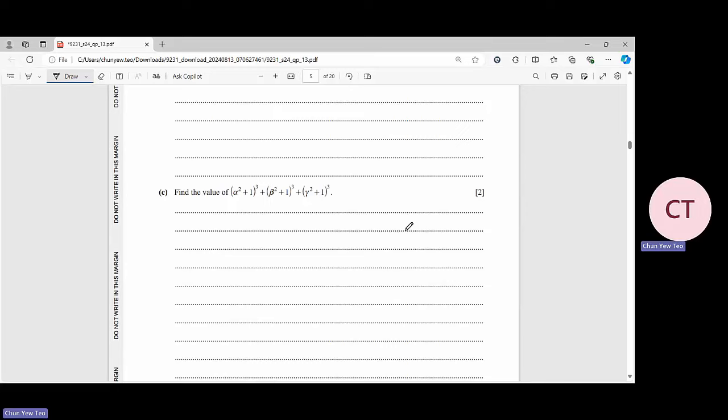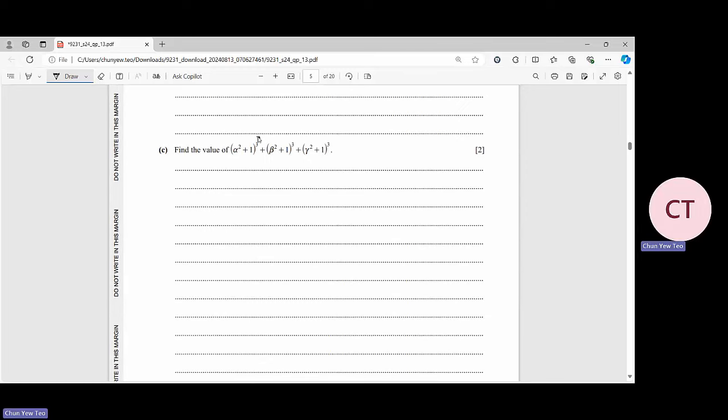Then go for C. For C, we need to find the sum of the cubes of the new roots. What you need to do here is, first of all, we define this as Sn.